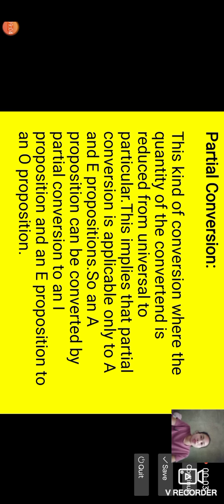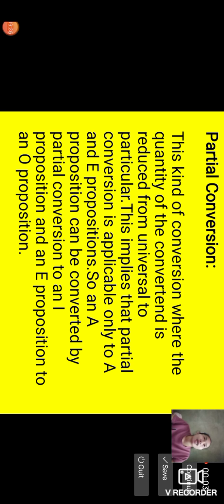Partial conversion is the kind of conversion where the quantity of the convertend is reduced from universal to particular. Take note, guys, this implies that partial conversion is applicable only to A and E propositions. An A proposition can be converted by partial conversion to an I proposition, and an E proposition to an O proposition.